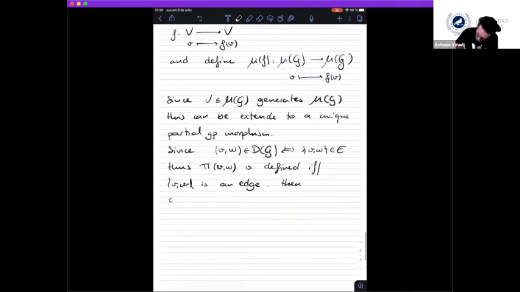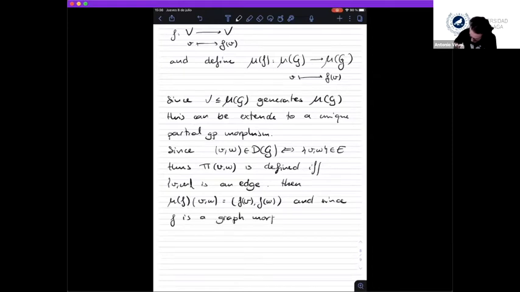Then M_f of the sequence vw will be f(v), f(w), and since f is a graph morphism, this also again will be in D of Γ, right?